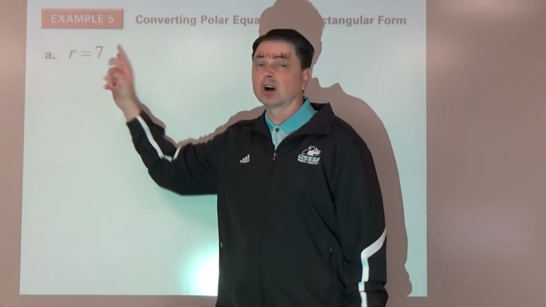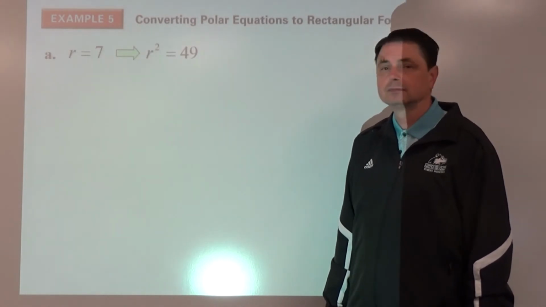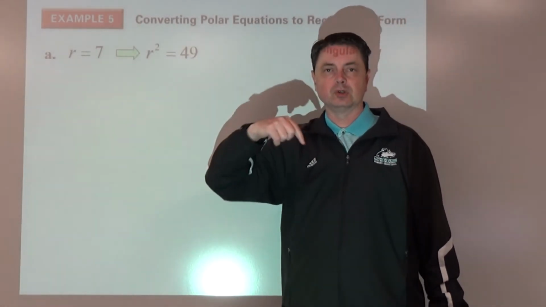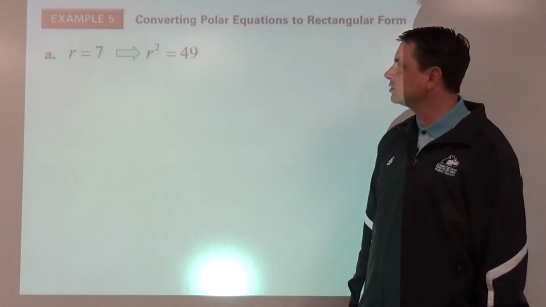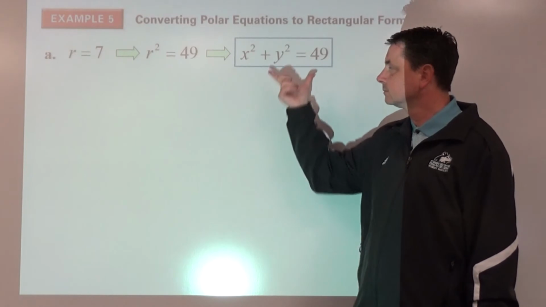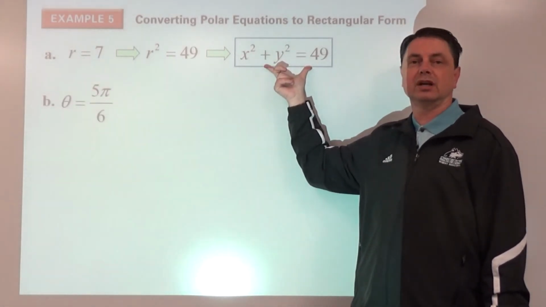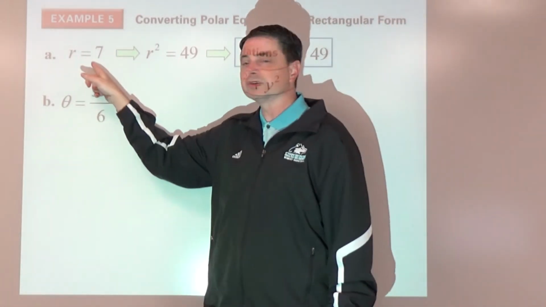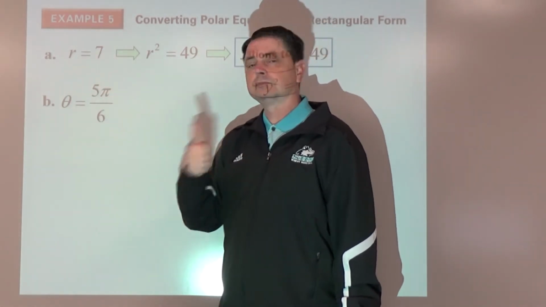So what if we just started by squaring both sides? And then r squared converts into, by conversion, x squared plus y squared. And in rectangular form, what is this the equation of? It's a circle. R equals 7, a radius of 7 circle. There we go.